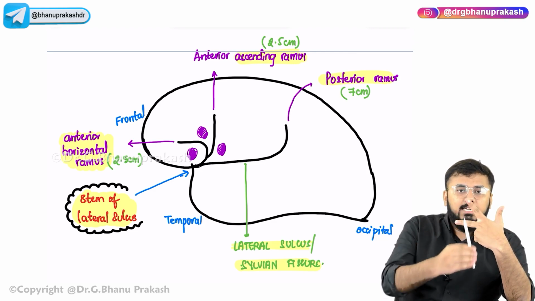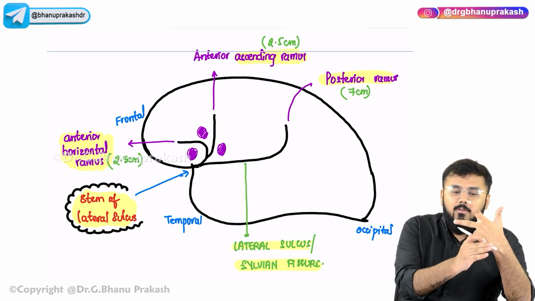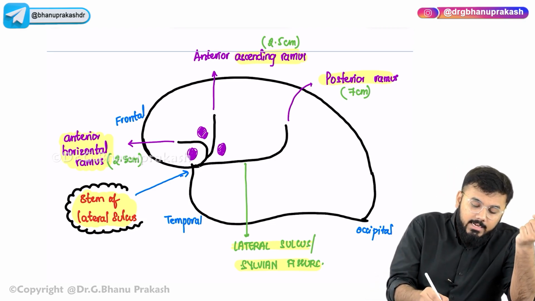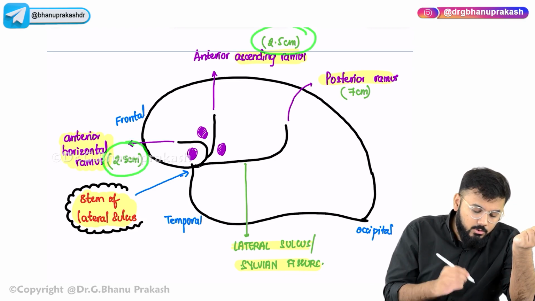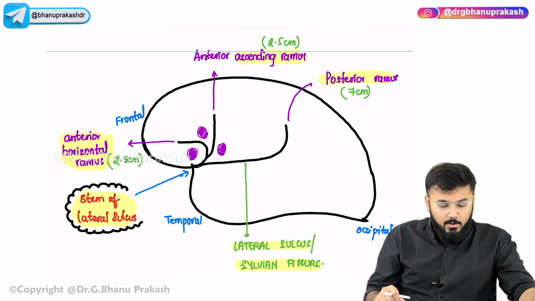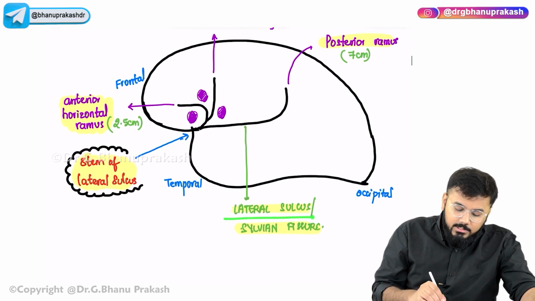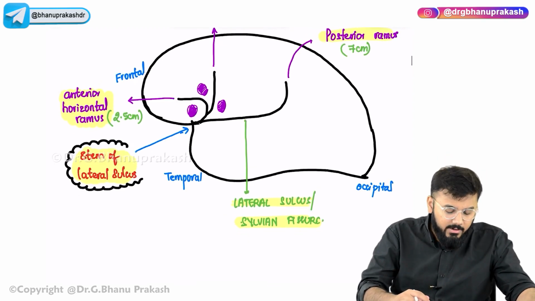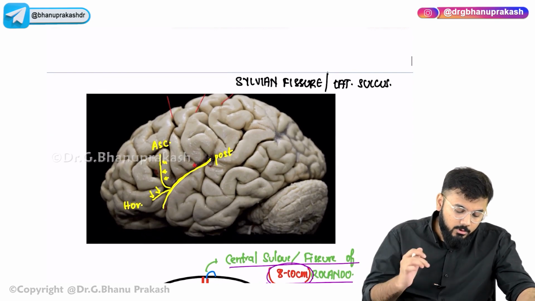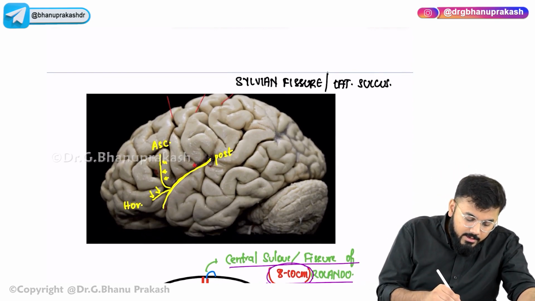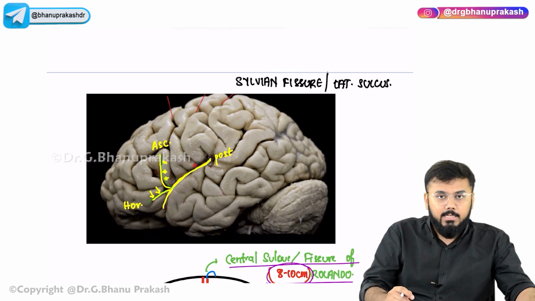One is ascending up, the anterior ascending ramus. One is horizontal, the anterior horizontal ramus. The ascending ramus is 2.5 centimeters, and this is also 2.5 centimeters. So all of them together you call the lateral sulcus, or the sylvian fissure. Very, very important. Here you can find this sylvian fissure having the horizontal and an ascending sulcus.